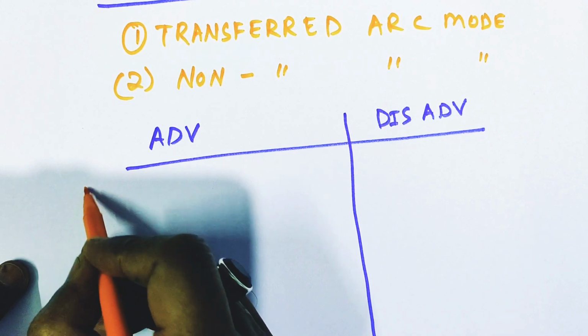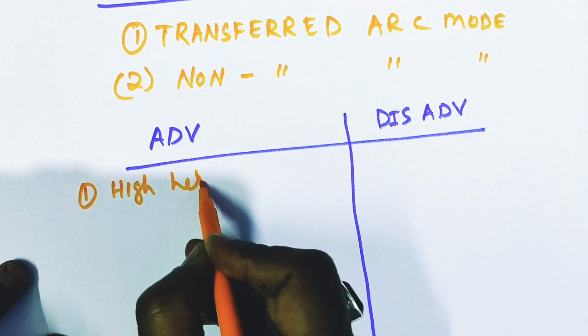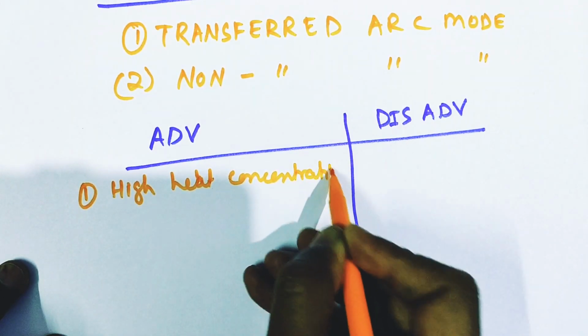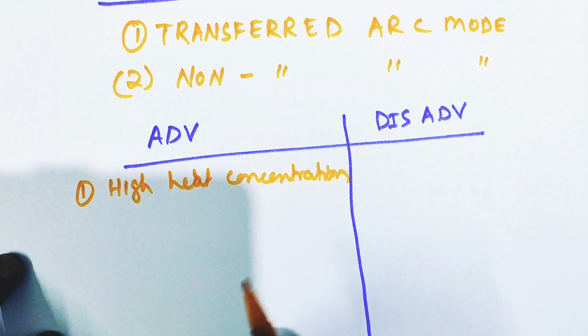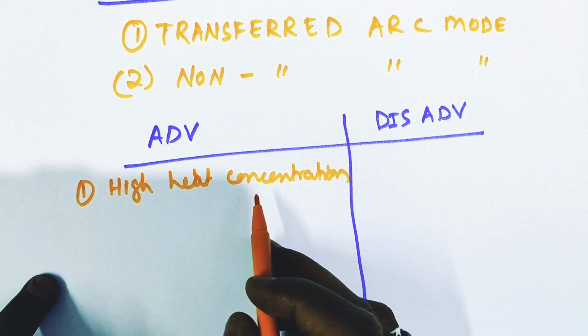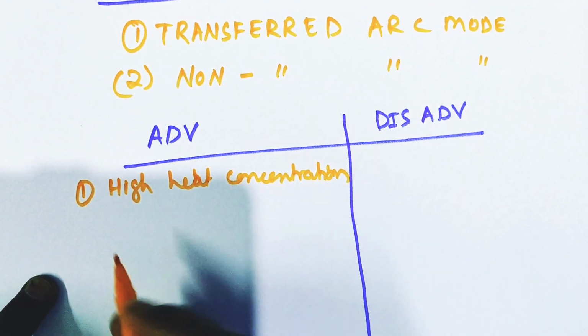Hence it provides high heat concentration. This is one of the biggest advantages of plasma arc welding: high heat concentration in a smaller area.